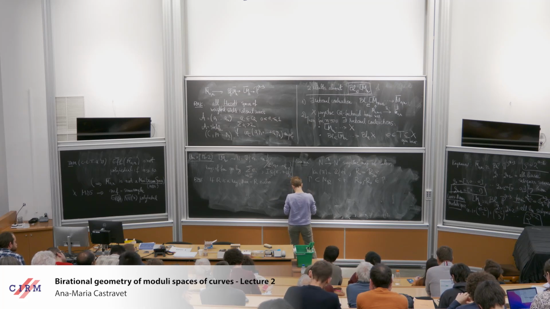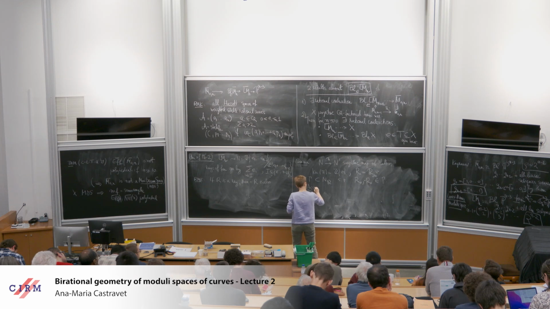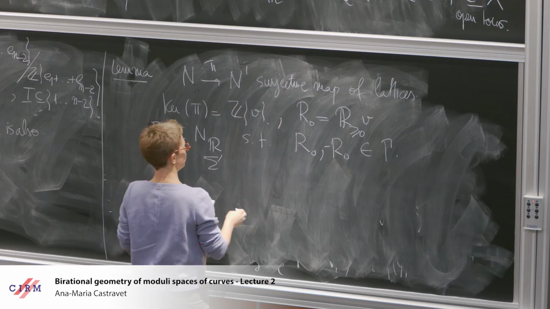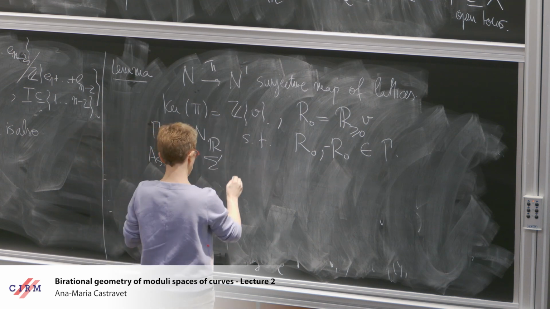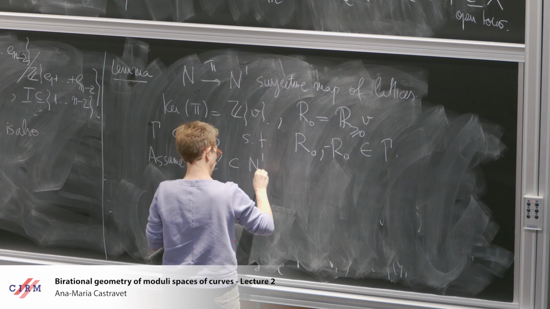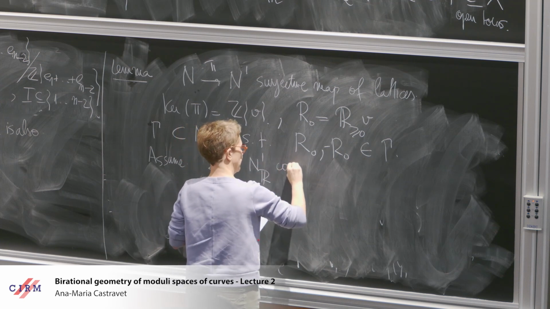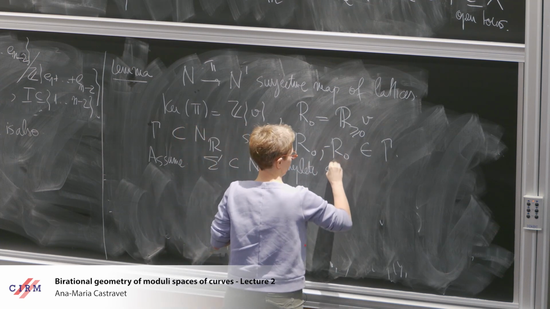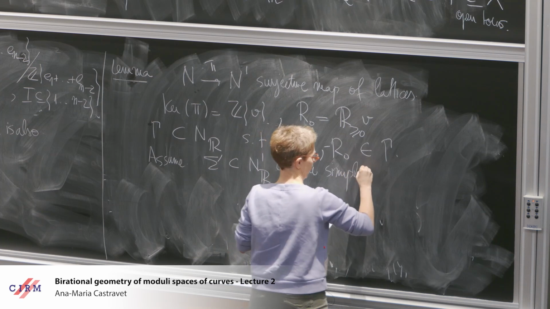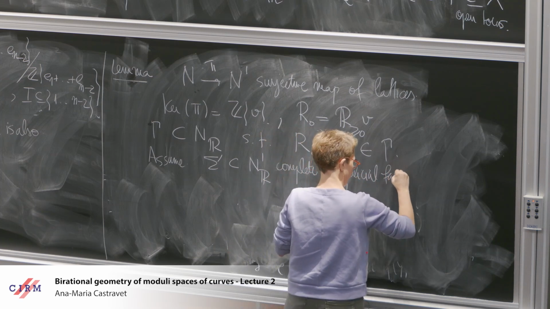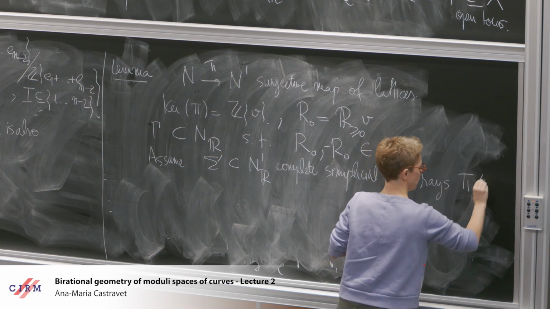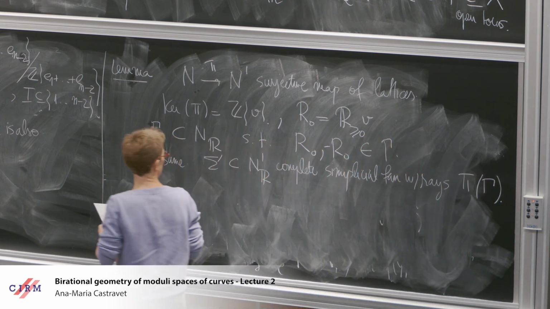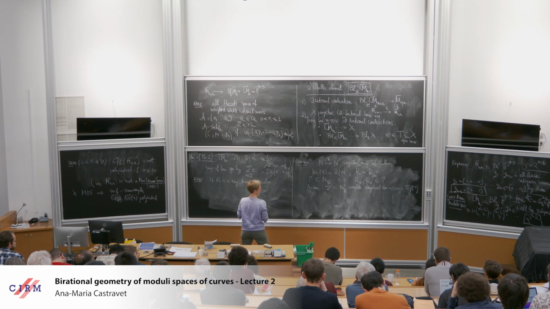Then let's assume that there is a fan that has the rays given by the projection. So a complete simplicial fan with rays given by the image. And so these two rays will map to 0, so I ignore those.